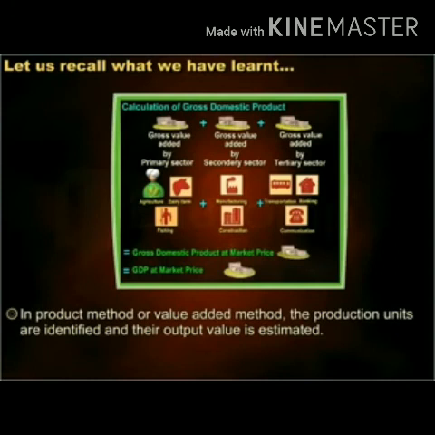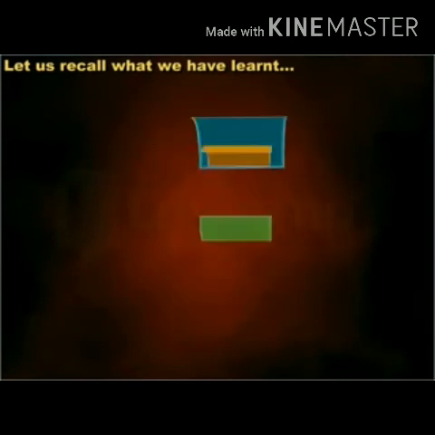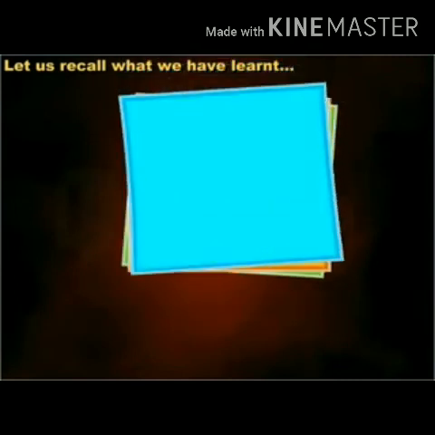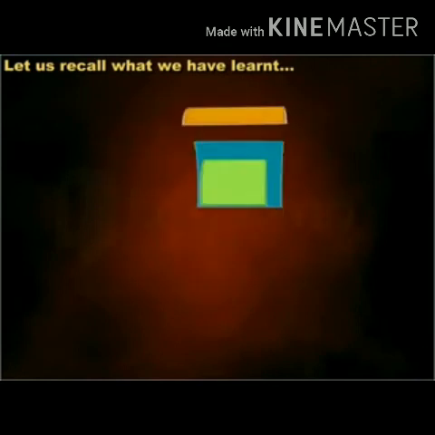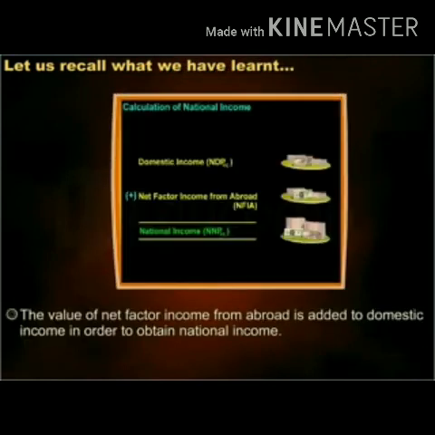The production units are identified and their output value is found. Then intermediate consumption, depreciation, and net indirect taxes are subtracted from the value of output to get the domestic income. Clear? After that, the net factor income from abroad is added to the domestic income to obtain the national income.